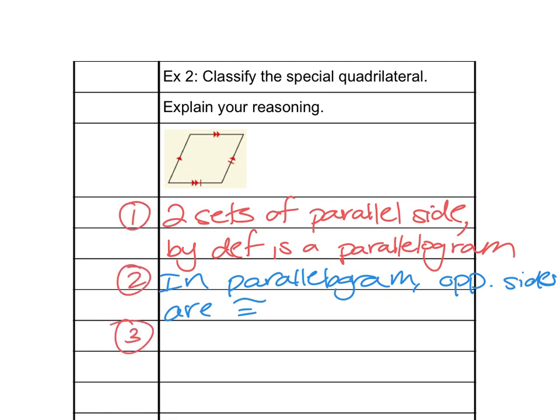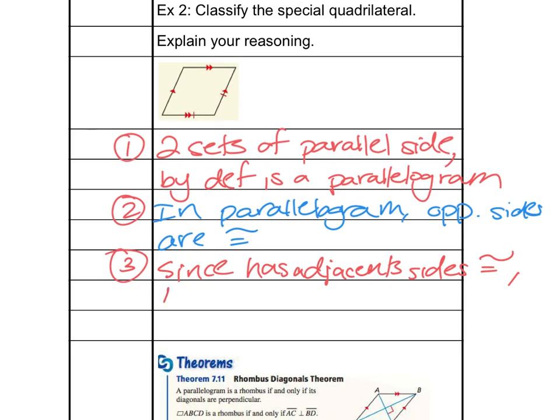So since this figure has adjacent sides that are congruent by the transitive property, we know that all of the sides have to be equal, which would make this a rhombus.